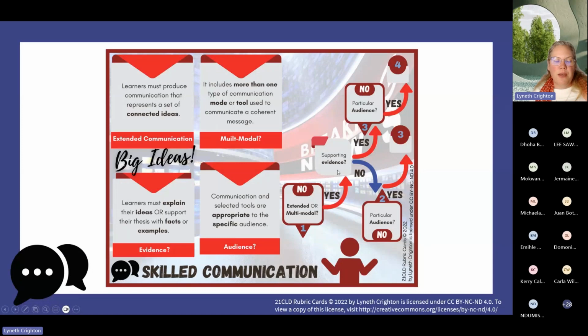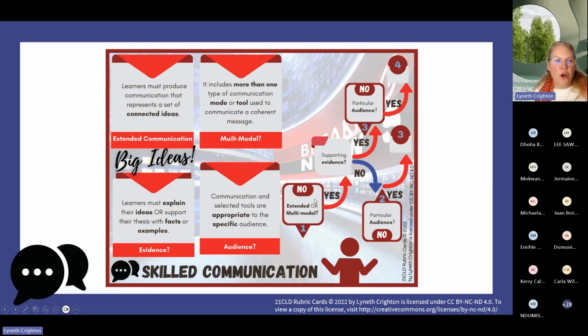You have to ask yourself, is there evidence? So did the learner explain their ideas and support their ideas with facts and examples? Yes, then you can go and ask the question if it's for a particular audience. And yes, again, it gets to a level 4.